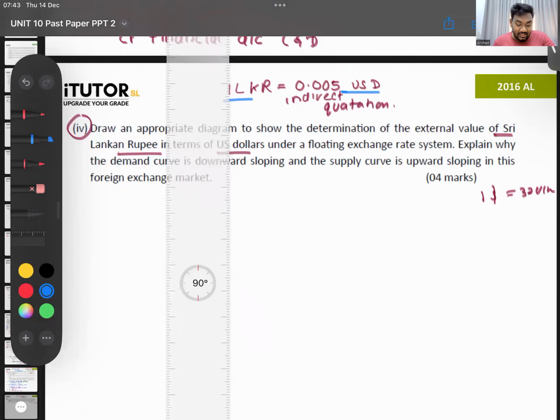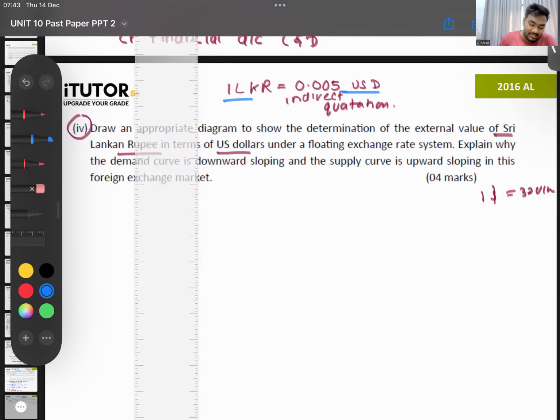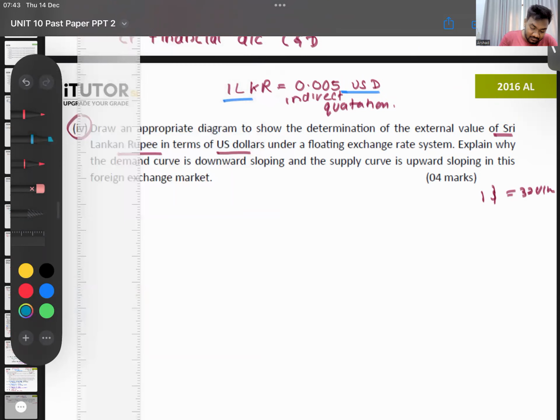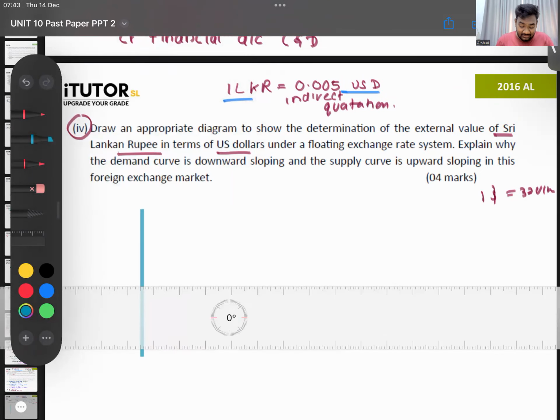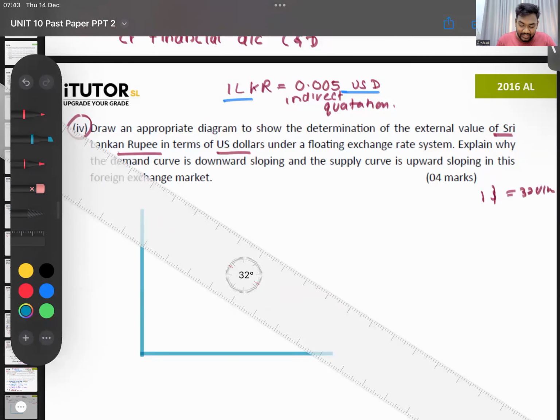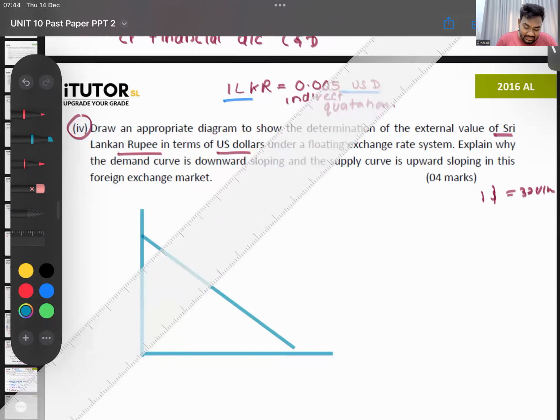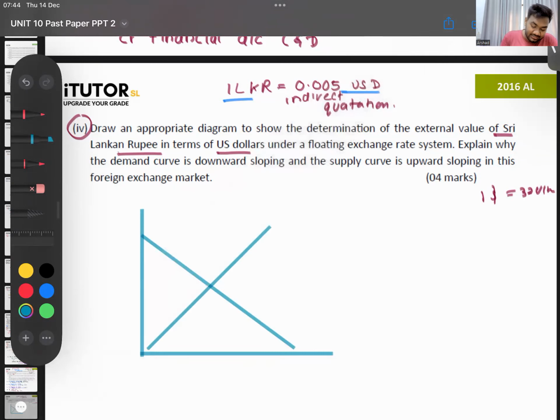Right. So they are saying draw an appropriate diagram, explain why the demand curve is downward sloping and the supply curve is upward sloping. So we'll see now. We'll draw the diagram. This is how the diagram will look. We have drawn all of these diagrams in our seminar also. Over here, you have the demand for the domestic currency, and over here the supply of the domestic currency.